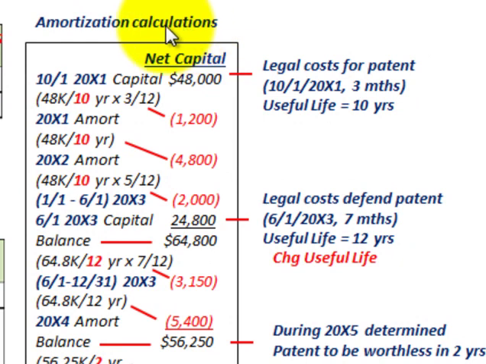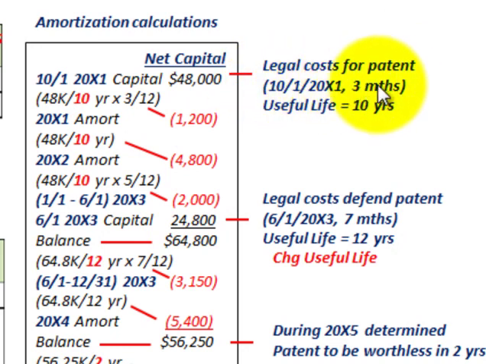For our amortization calculation, I'm going to show our capitalized amount, and then we'll calculate it out for each of the periods. Starting with October 1st of 20x1, remember, the legal cost was $48,000 for the patent, and that was as of 10/1.